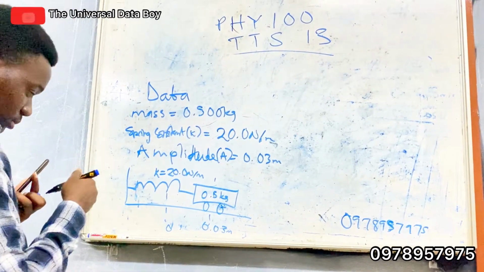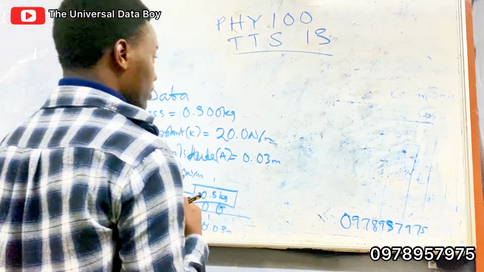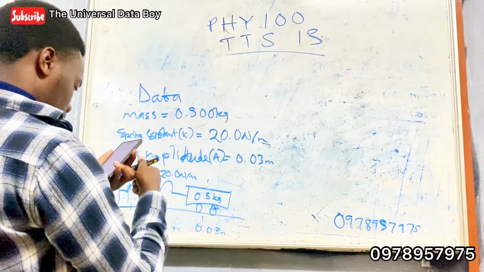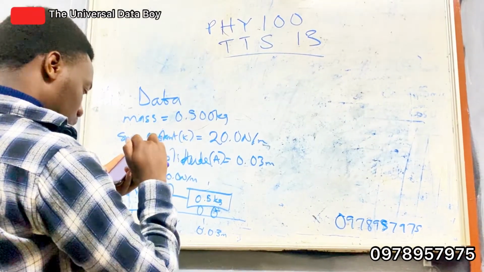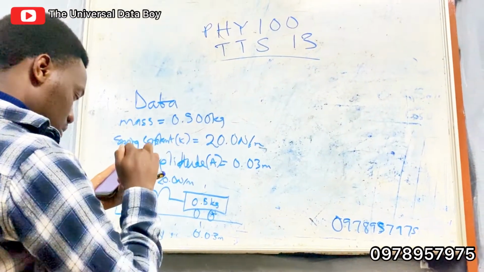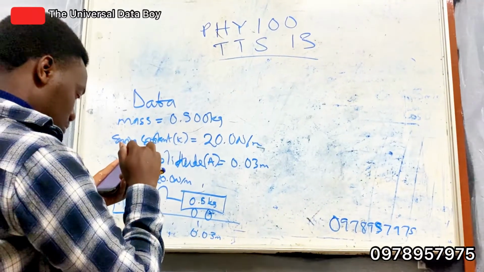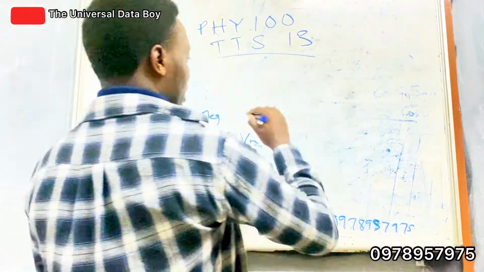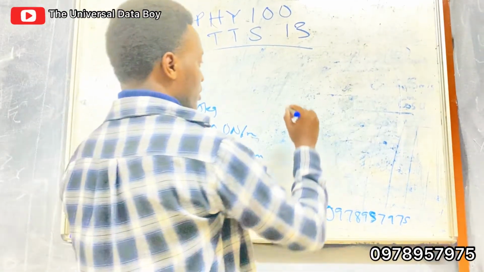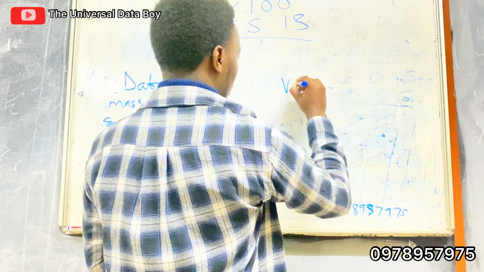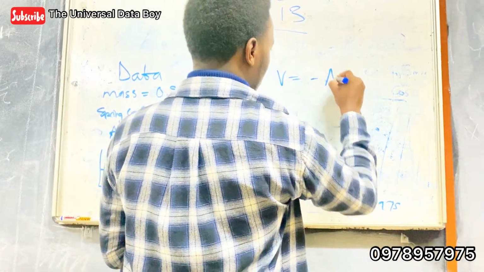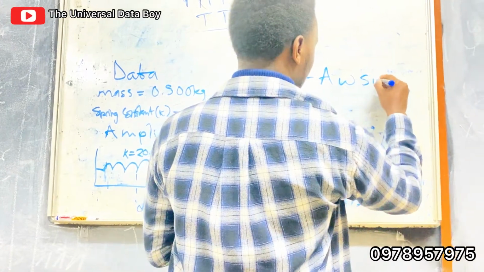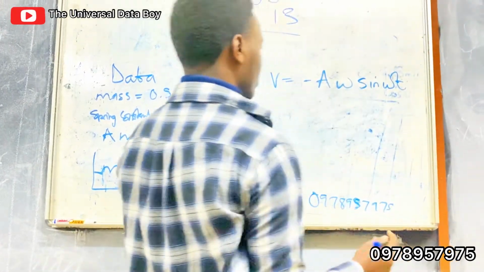Now, the first question says calculate the maximum speed of the cart if the amplitude of motion is 3 centimeters. In the other question, if you check them out, we deduced that velocity is equal to negative A omega sine omega t.